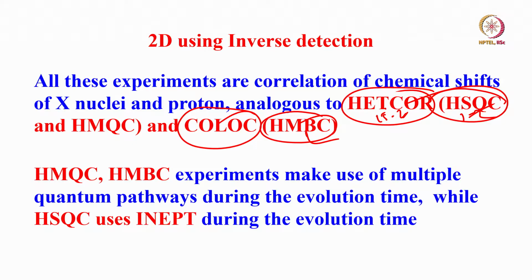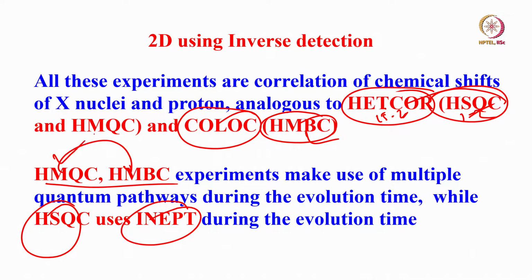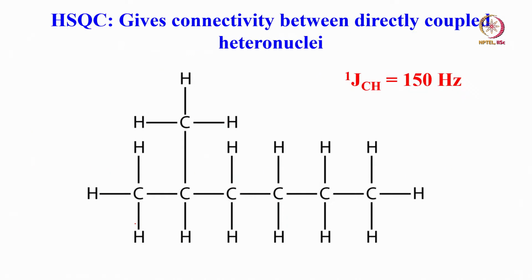So these inverse experiments have direct experiments also, and you can find one-to-one analogs. HMQC and HMBC make use of the multiple quantum pathway during evolution time, while HSQC makes use of the single quantum pathway, and it also uses INEPT during evolution time. Very important thing.